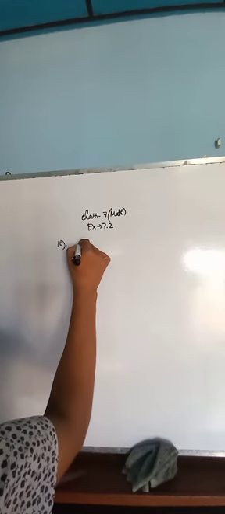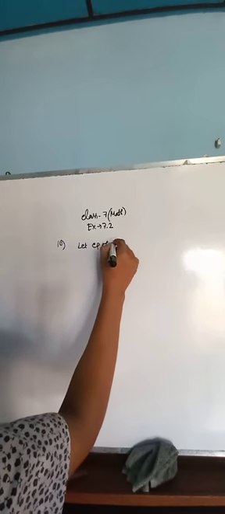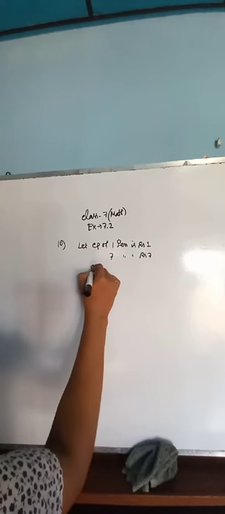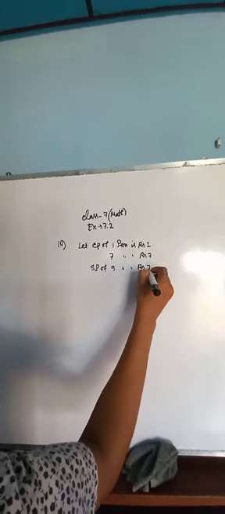Let the CP of 1 pen be rupees 1. Then the CP of 7 pens is rupees 7. Now the SP of 5 pens is rupees 7.